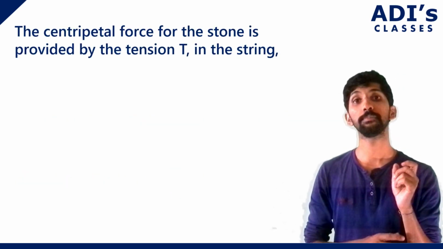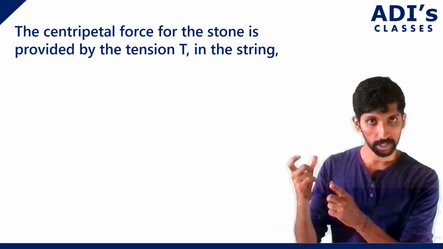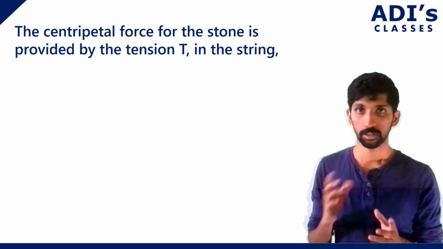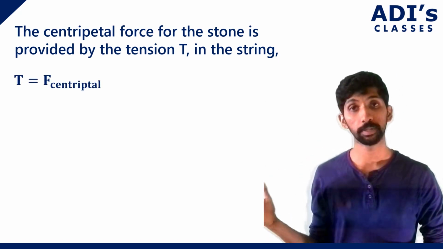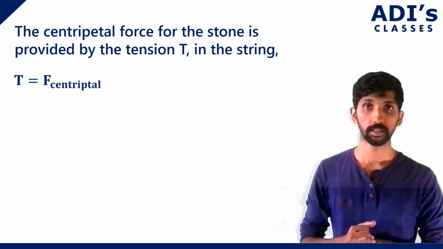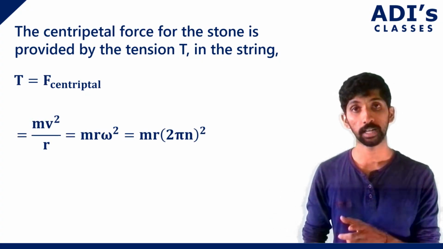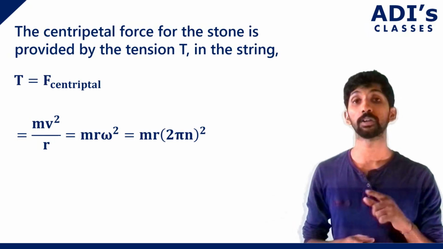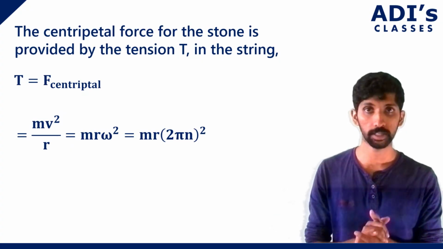The centripetal force for the stone is actually provided by the tension of the string. So we can write tension T is equal to centripetal force. Now, what was the formula for centripetal force? mv square by r, or you can also call it m r omega square.